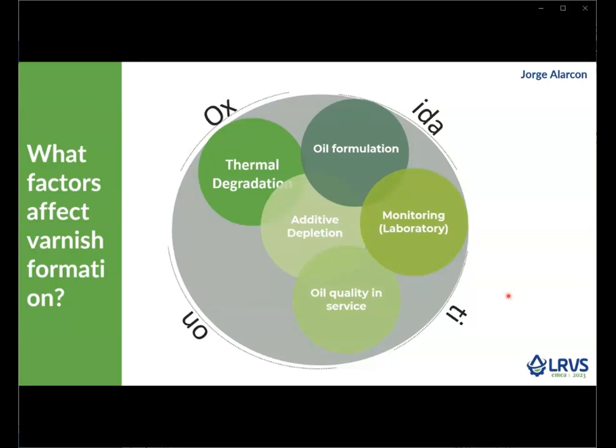MPC is probably a lagging indicator. It's not a leading indicator. So we'll need to find a leading indicator like acid number or chemistry changes in the FTIR. Unfortunately, not every lab is capable of measuring these changes in a helpful way.